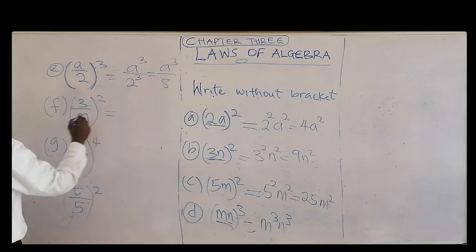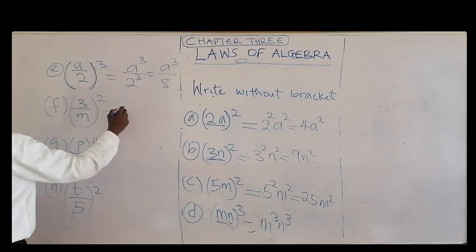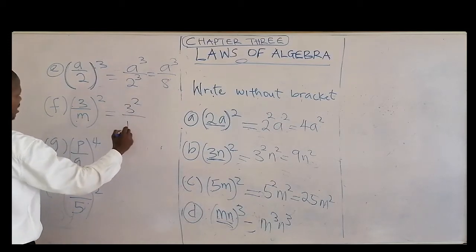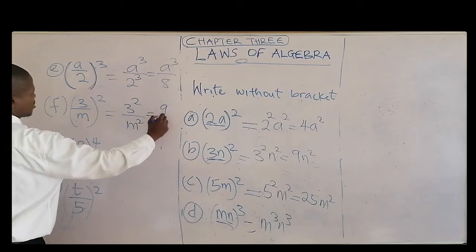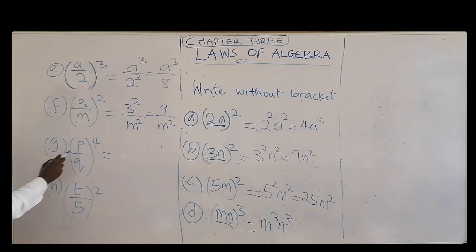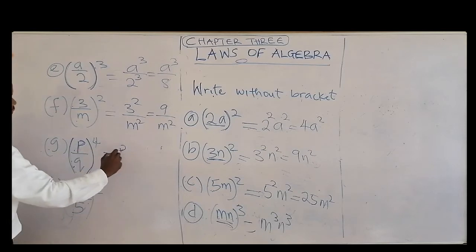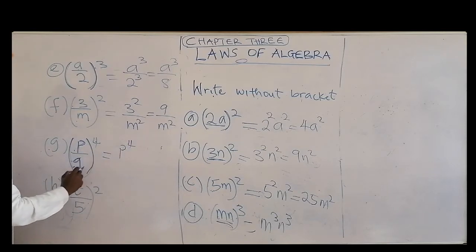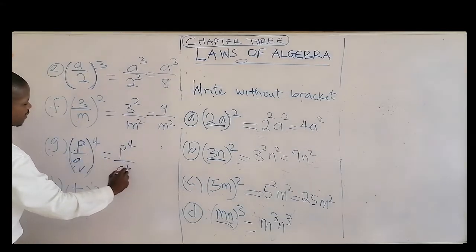Then the next one, same thing, a fraction. So this will be 3 to the power 2 over n to the power 2, which is 9 over n squared. Here also, you have a fraction, all enclosed, to the power 4. So this will be p to the power 4 over q to the power 4.